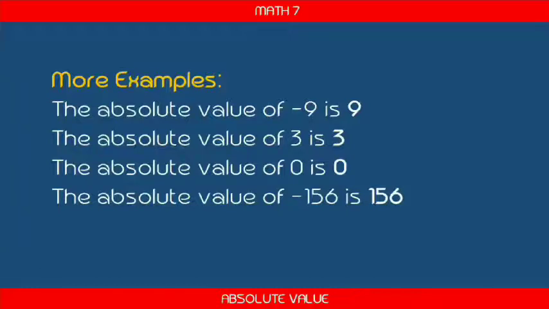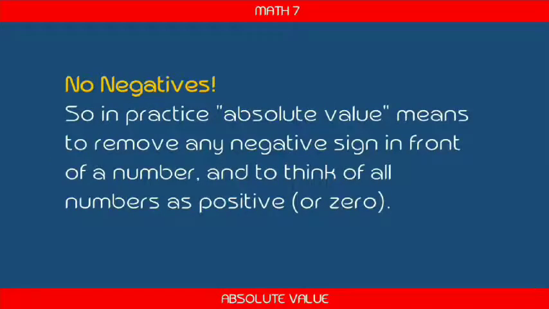The absolute value of negative 156 is 156 because it is 156 steps away from 0. No negatives. So, in practice, absolute value means to remove any negative sign in front of a number and to think of all numbers as positive or 0.